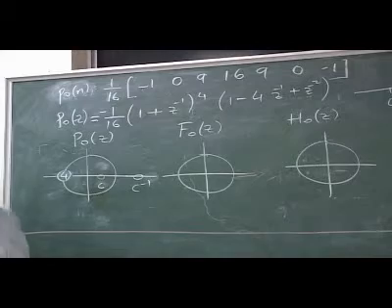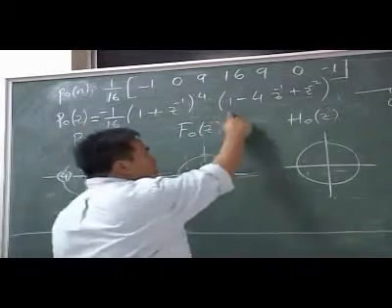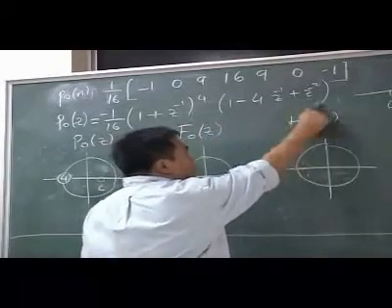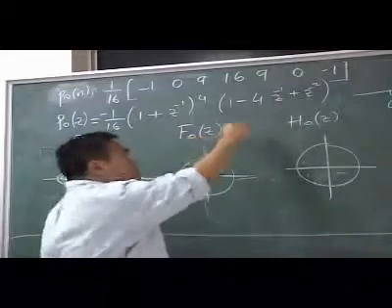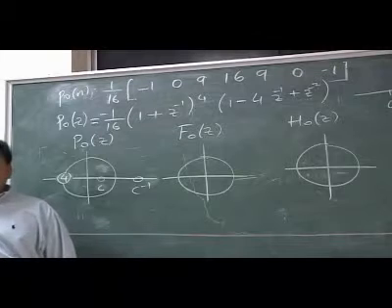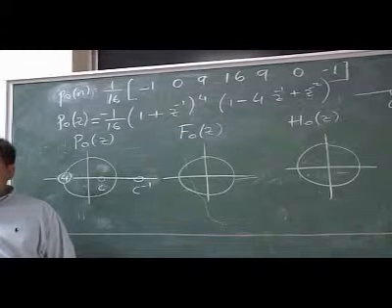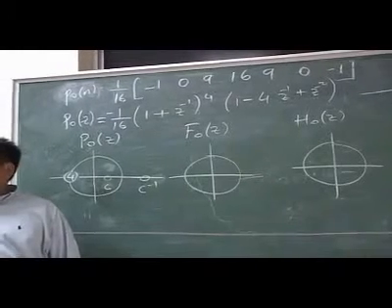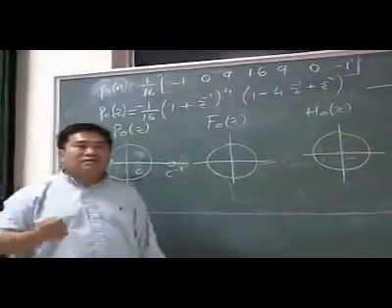Let's make use of the fact that this is what? If you look at the phase of that function, what is that phase? Phase is minus omega, right? So this is linear phase. What do I know about zeros of a linear phase system?